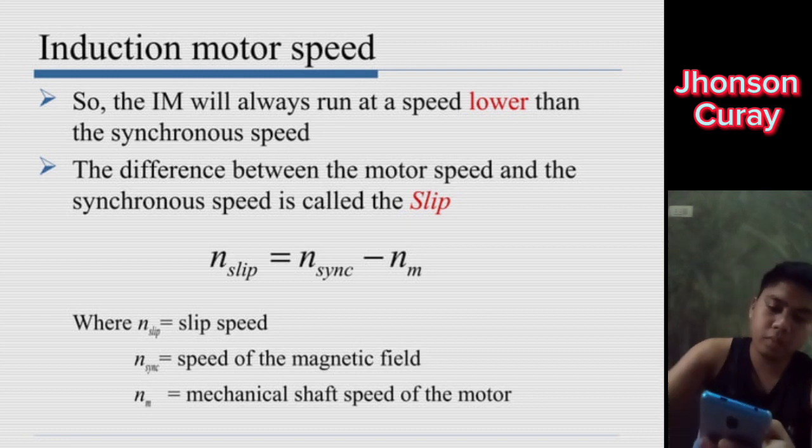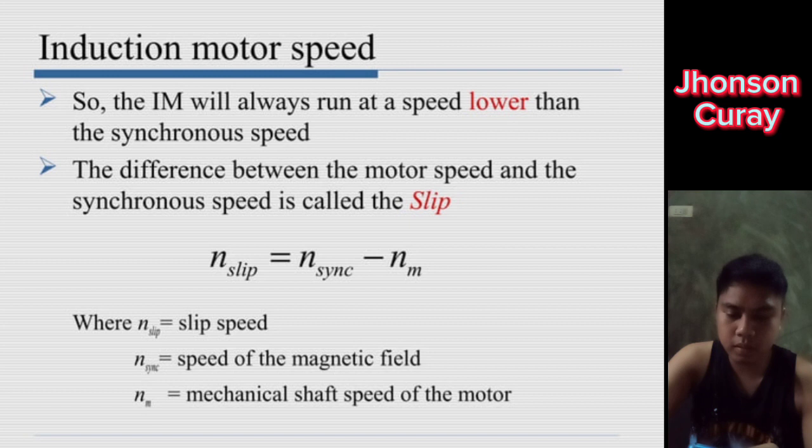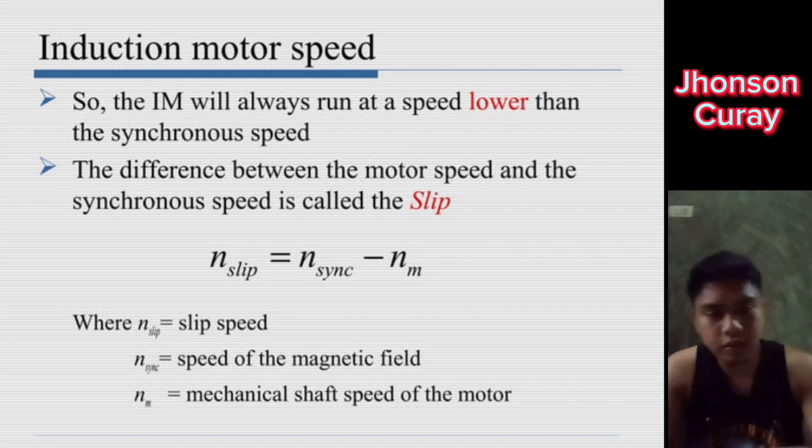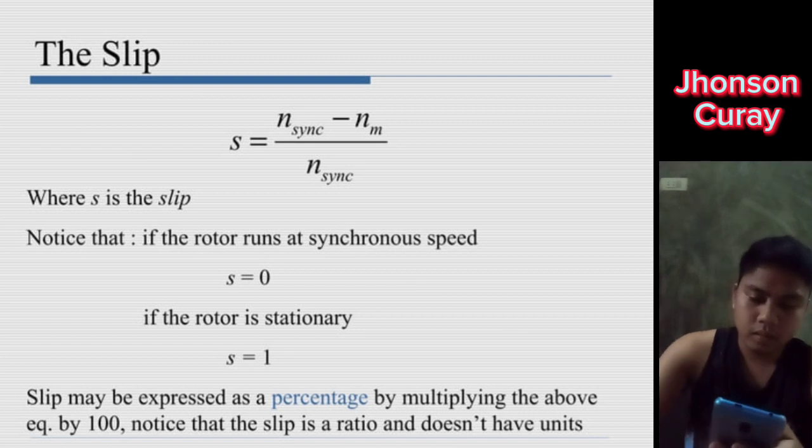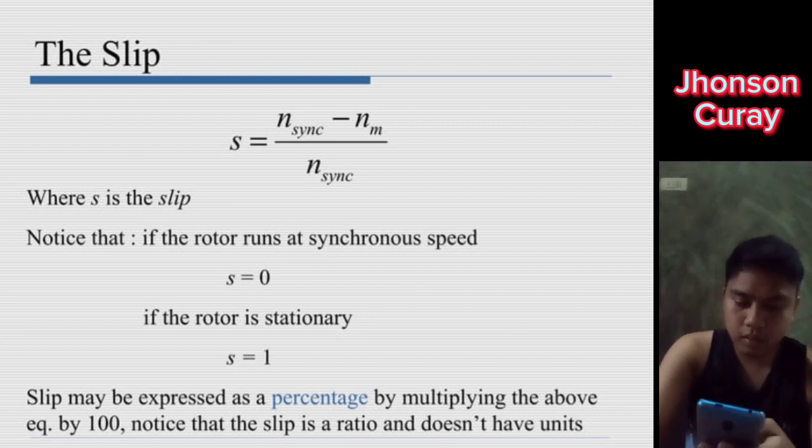The difference between the motor speed and the synchronous speed is called slip. n_slip equals n_sync minus n_m, where n_slip is the slip speed, n_sync is the speed of the magnetic field, and n_m is the mechanical shaft speed of the motor. The slip s equals n_sync minus n_m over n_sync, where s is the slip.